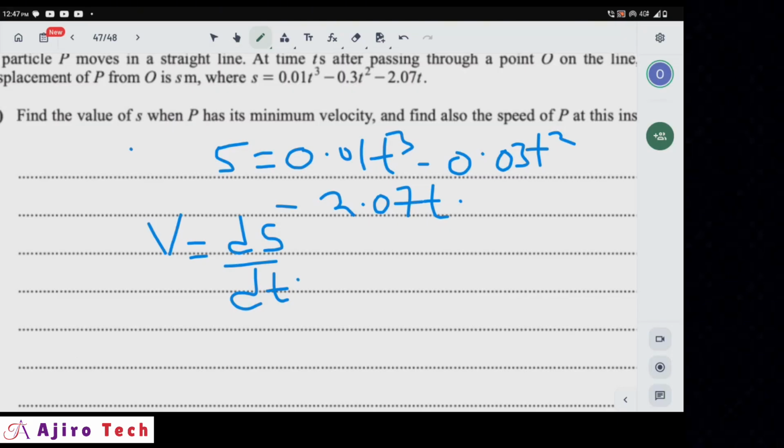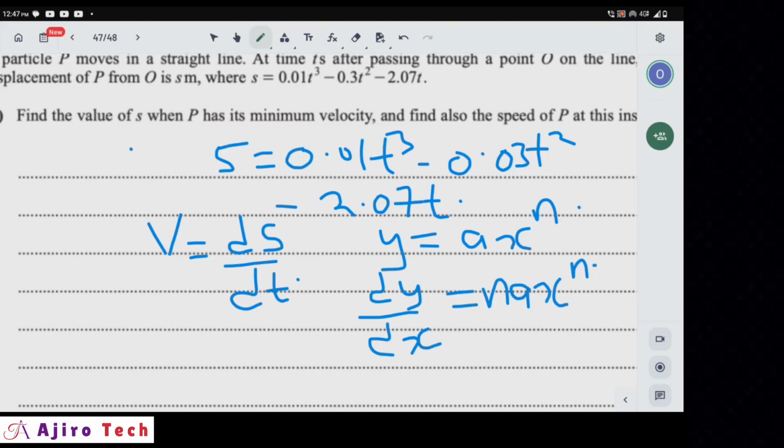And what's the expression given to us? x is equal to 0.01t raised to power 3 minus 0.03t raised to power 2 minus 2.07t. Generally, to solve differentiation or calculus, if I have that y is equal to ax raised to power n, then dy/dx will be equal to nax raised to power n minus 1.